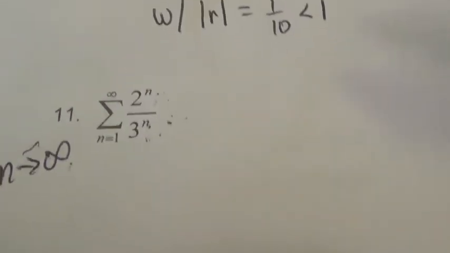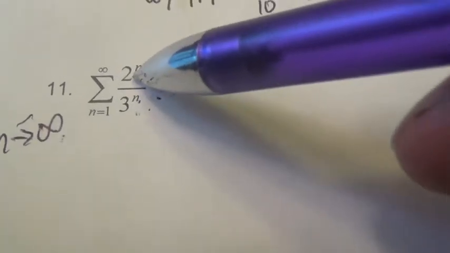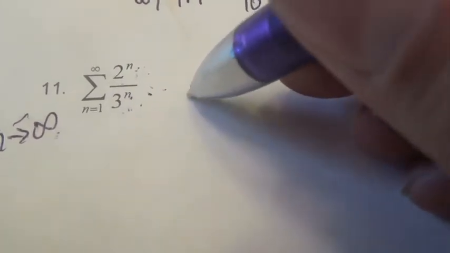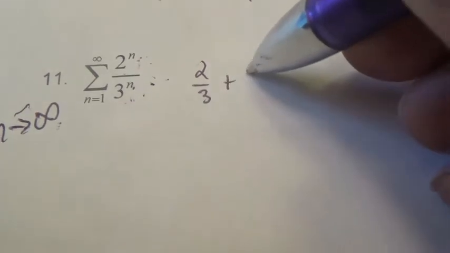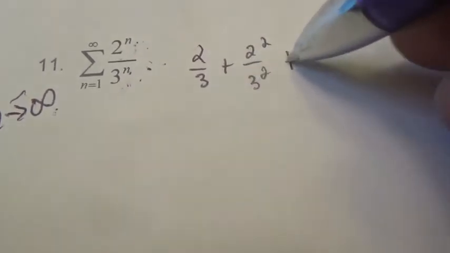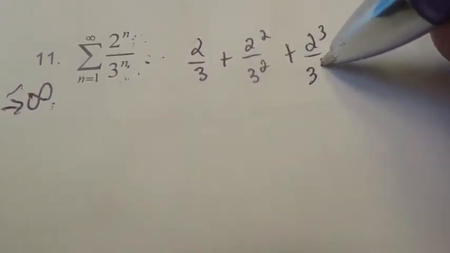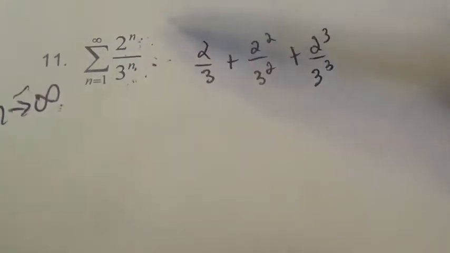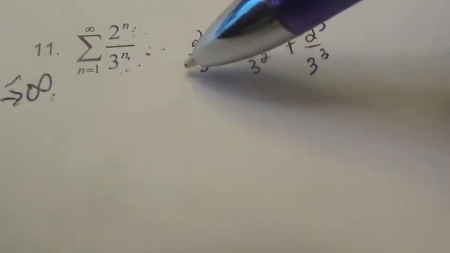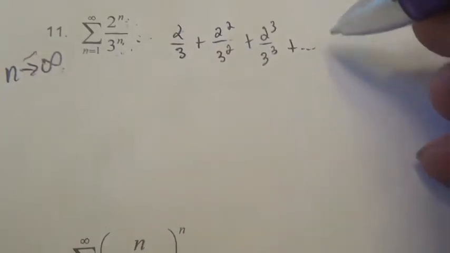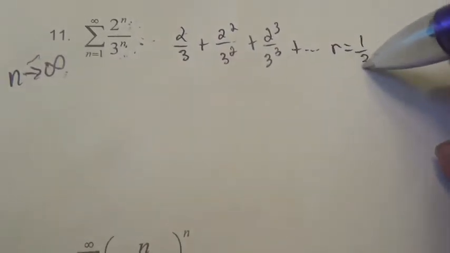So now the question is, does it converge? The nth term test is not enough to determine that. We should be able to look at this. Note this is 2 to the n, this is 3 to the n. So that basically means our first term is 2/3 plus 2 squared over 3 squared, 2 cubed over 3 cubed. This is a geometric series. We're multiplying the numerator by 2 each time, your denominator by 3 each time. So your common ratio here, if we were to continue on, is 2/3.